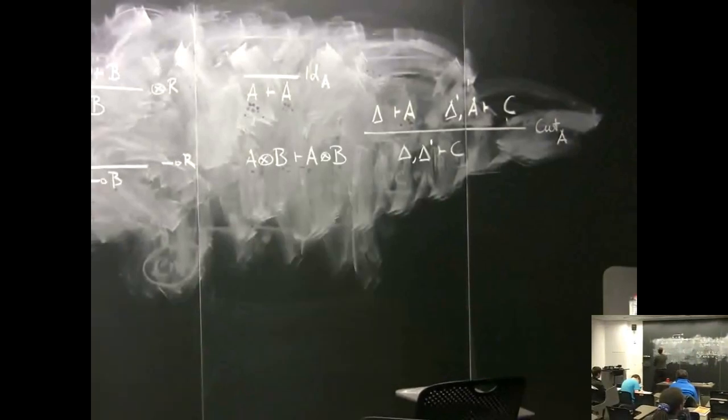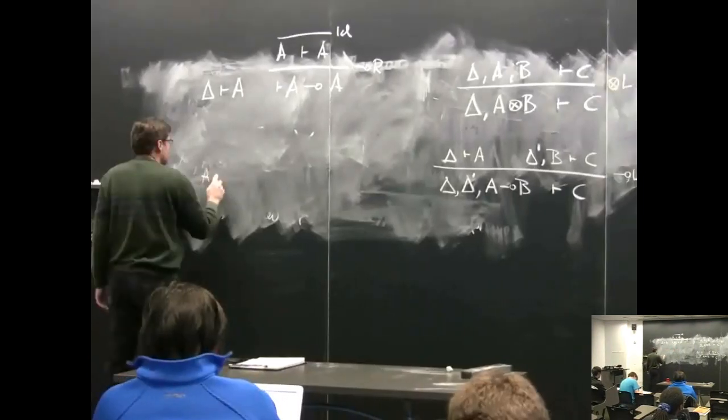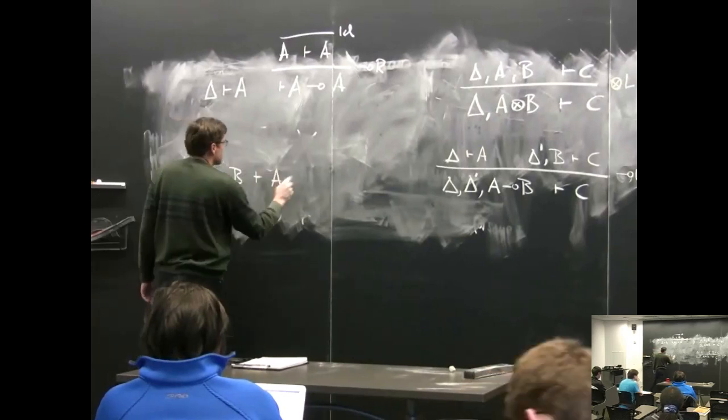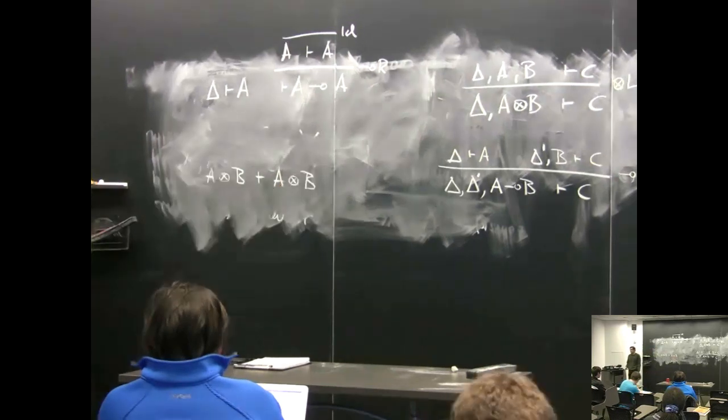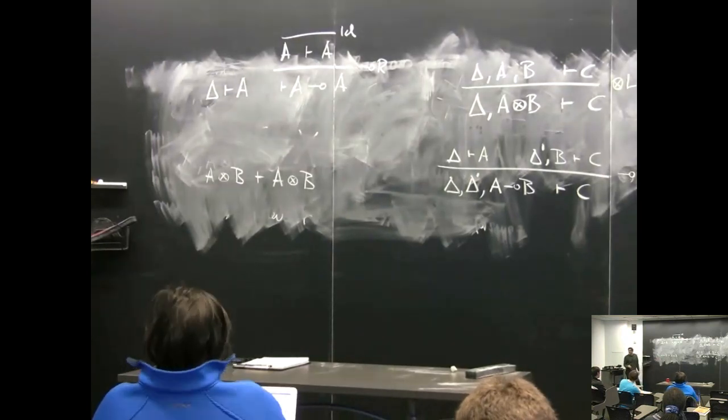Okay. So what we want to check here is that from A tensor B, we can derive A tensor B. Okay, how do we do that without using the identity at the type A tensor B? Using it only at smaller propositions. Yeah?